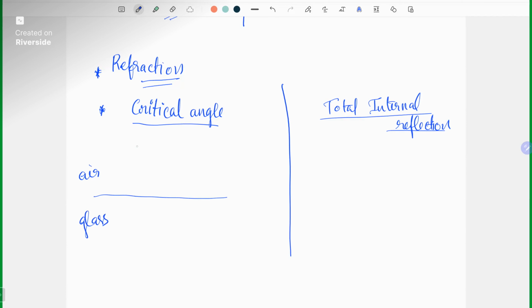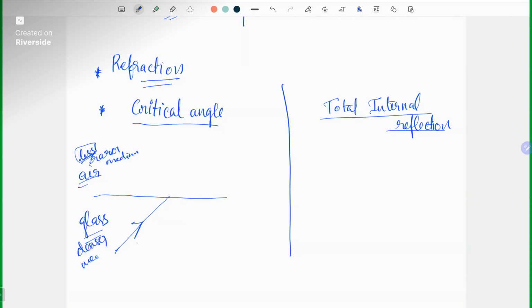When we pass light from glass, say an incident ray from here, which of the two is the denser medium? Air is less dense than glass. Density means how closely the molecules are packed. This is the rarer medium, and this is the denser medium.